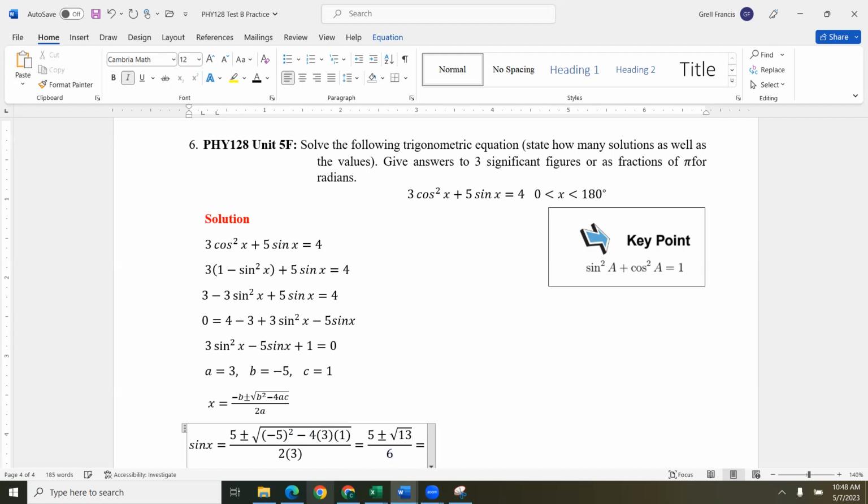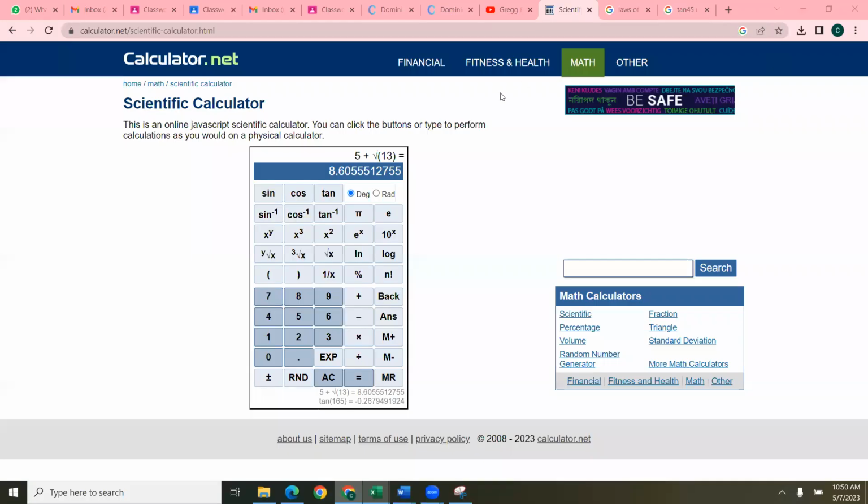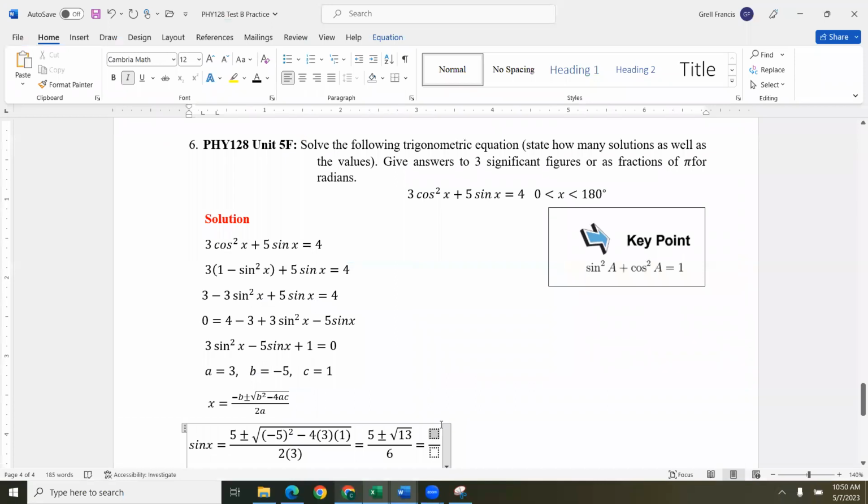So in the numerator we'll have 5 plus the square root of 13, divided by 6. 5 plus the square root of 13 is actually 8.61. So we have 8.61 divided by 6.